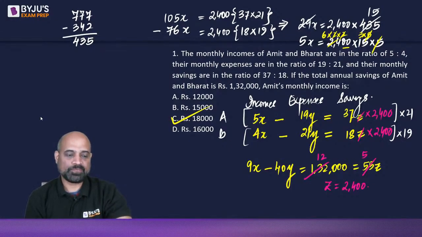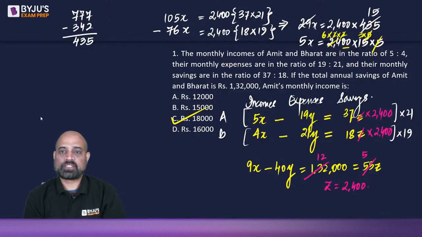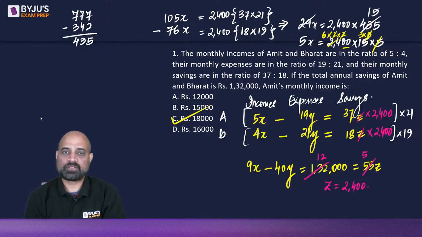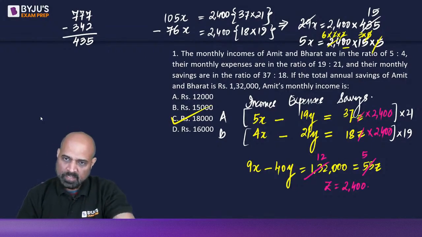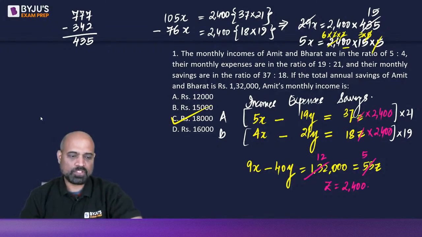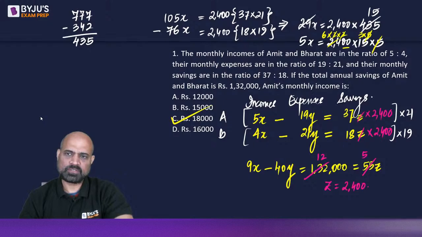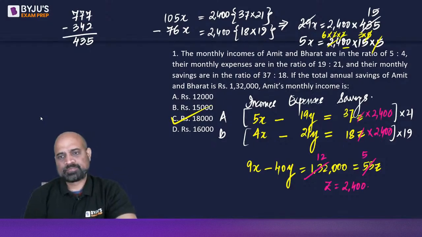And this results in another 5. And what about this? 1,32,000. Is it 1,32,000? Let's check this.